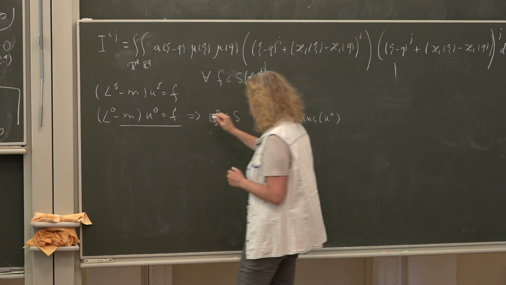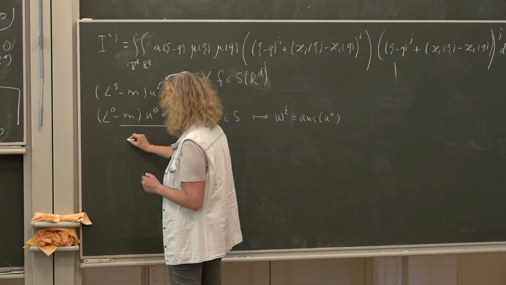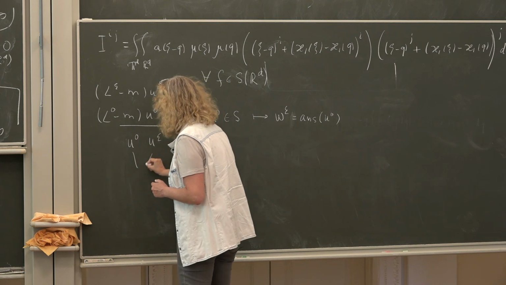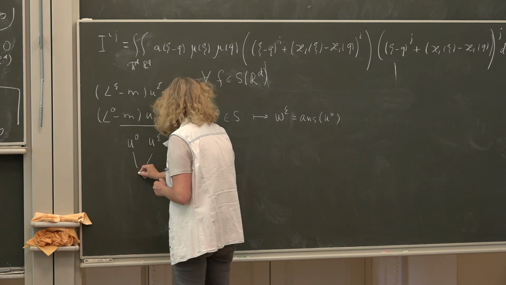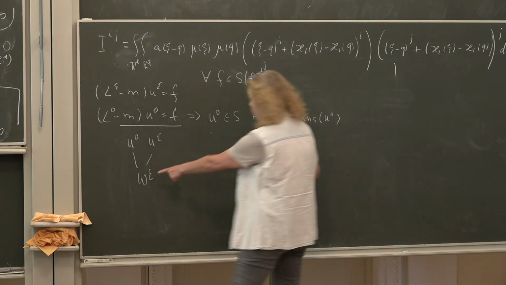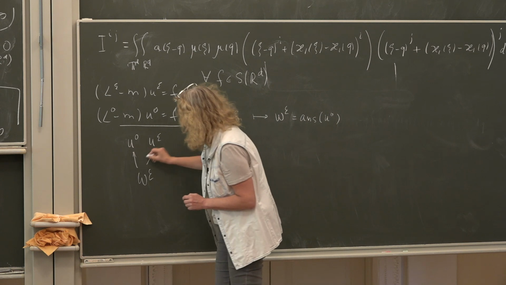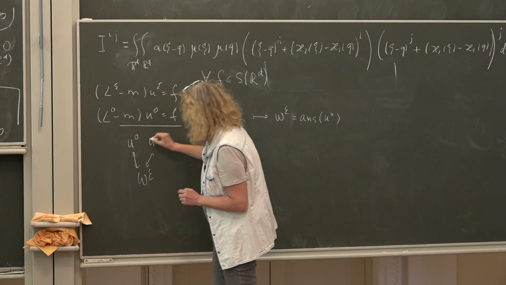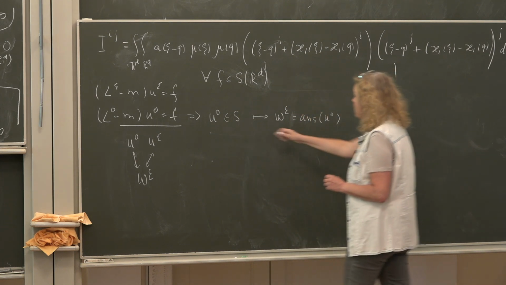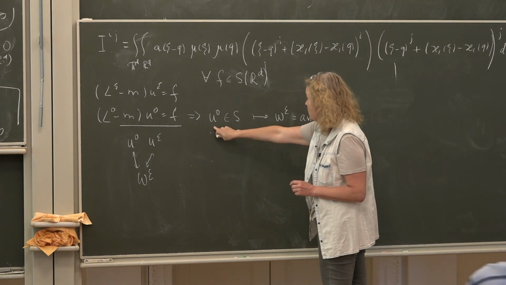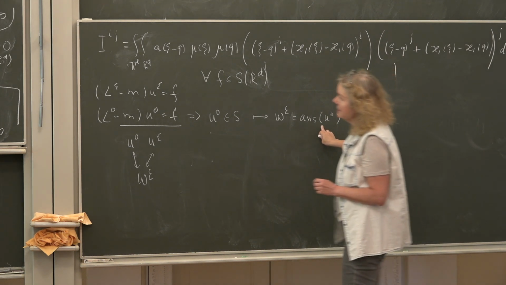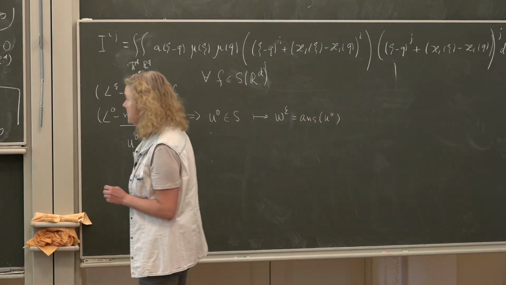In fact, I'd like to show that u0 and u epsilon are close to the function w epsilon. What I proved now, and after that we prove that both of these functions are also close. So for the function u0, I can construct the corresponding ansatz.